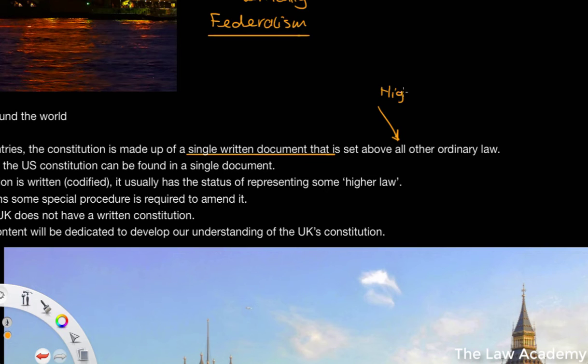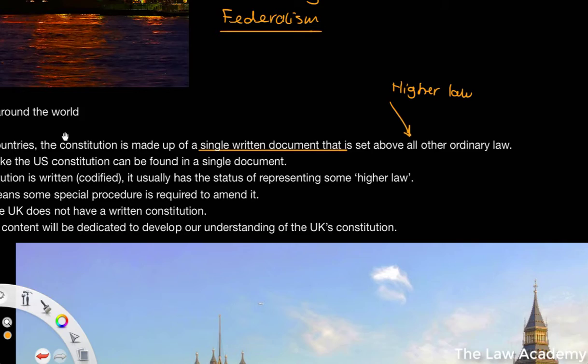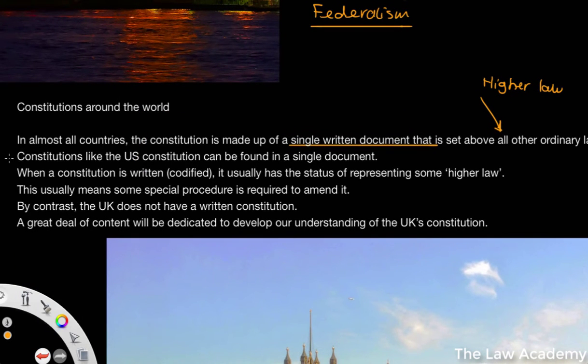So it's seen to be higher law, and we're going to talk about all of these things in a lot more detail in later lessons. We're talking here about the idea of it being above the ordinary pieces of statute created by the legislature. The example we can use is the United States Constitution, which is all written down in one place.